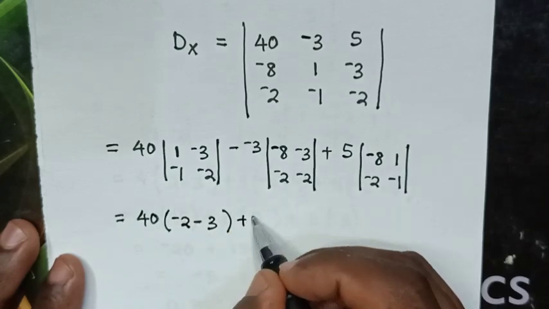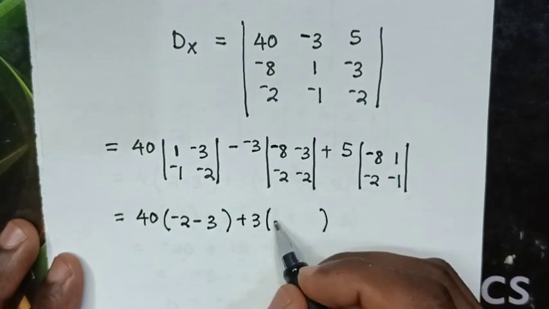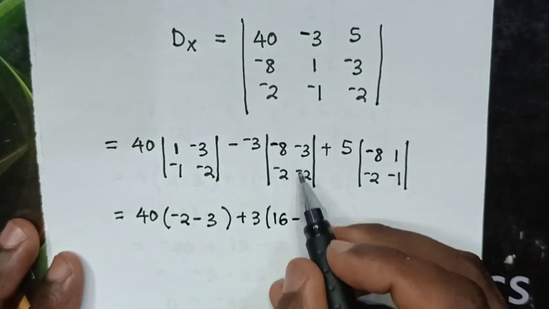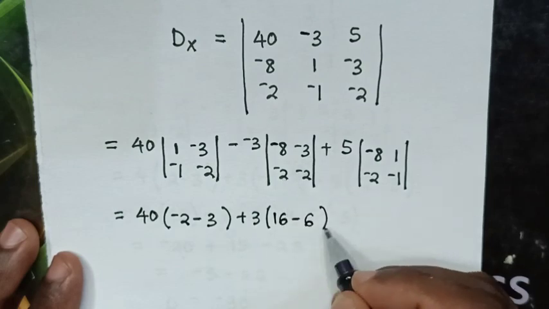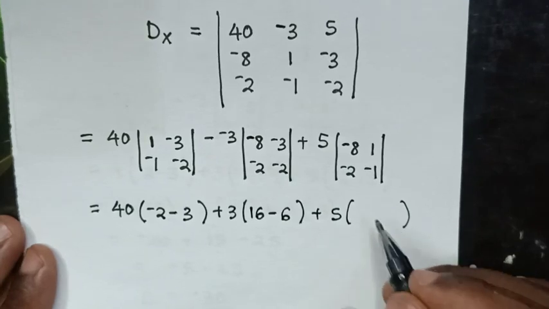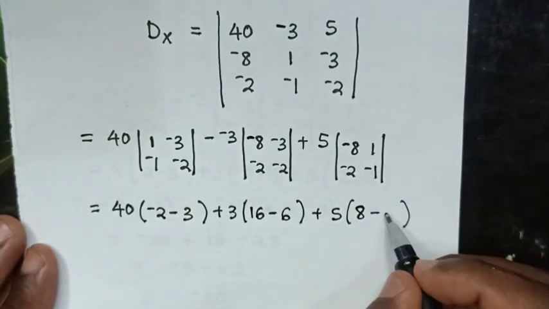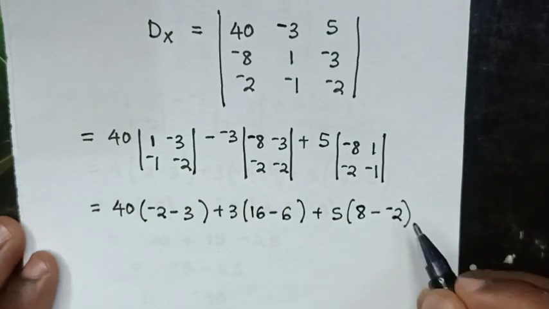Negative and negative to be positive 3, then bracket negative 8 times negative 2 is 16, minus negative 3 times negative 2 is 6, plus 5, then bracket negative 8 times negative 1 is 8, minus 1 times negative 2 is negative 2.